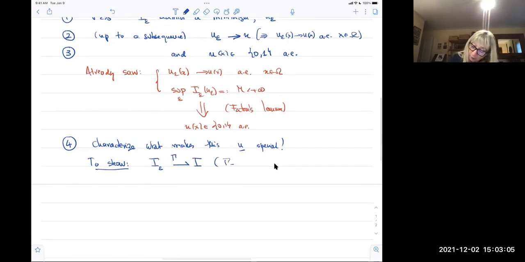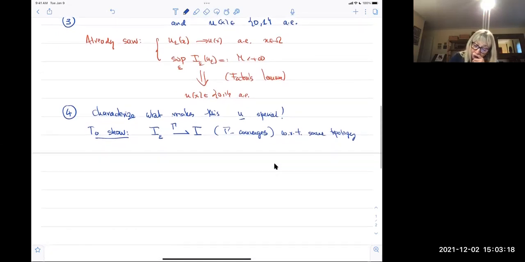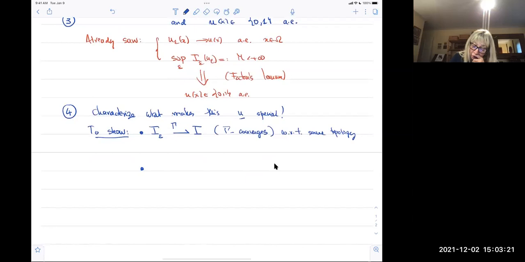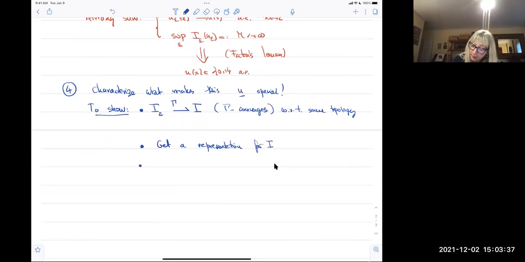So gamma converges with respect to some topology, which we'll come back to later. So we want to show this, and then we want to characterize I, we want to have a representation for I, as explicit as possible, and then we want to show that that function u minimizes I.